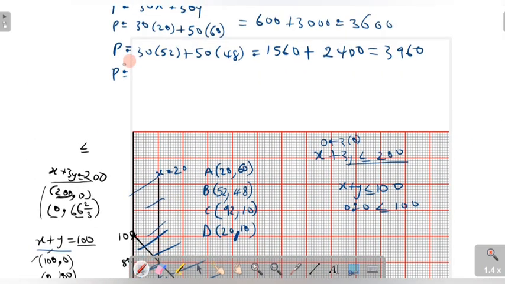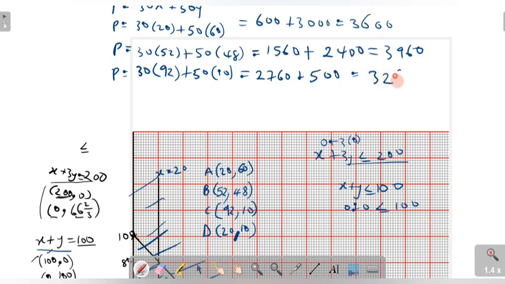So that will be equal to 30 times 92 plus 50 times 10. 30 times 92 is 2,760 plus 50 times 10, 500. So when I add those together, that's going to give me 3,260.